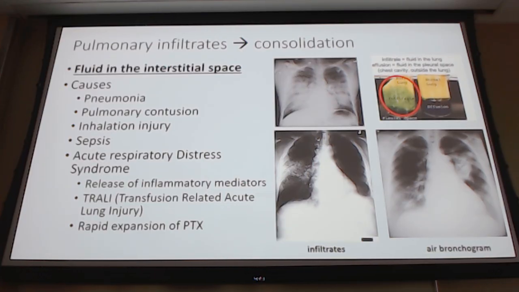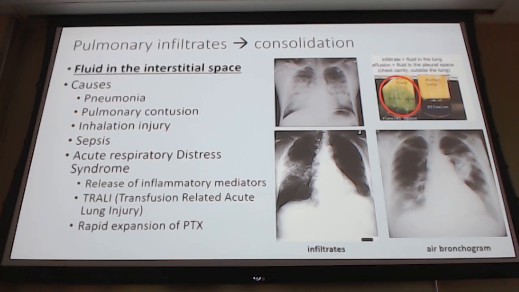So this is fluid inside the interstitial spaces. You're not really going to have those meniscus signs within the costophrenic angles. You may, if it's both infiltrate and a pleural effusion. At that point, I would probably get a CT to try to differentiate the two.